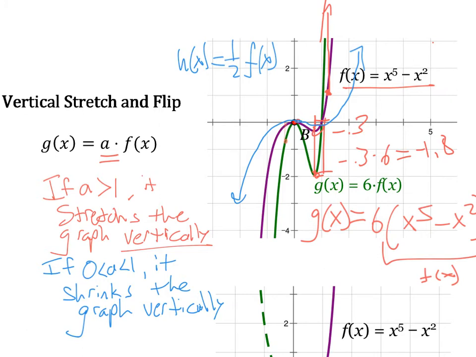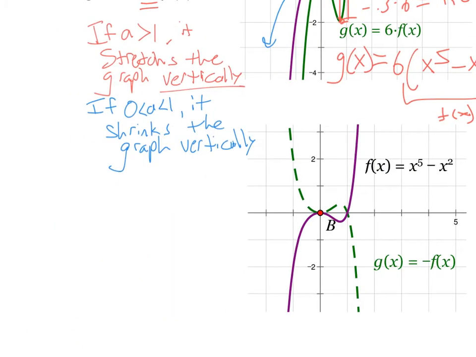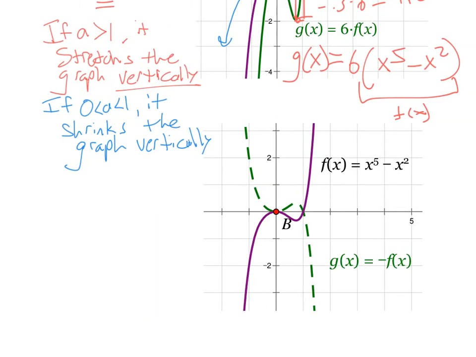It'll be less steep. So the last question we have to ask ourselves is, what if it's negative? What if that a value that we're multiplying by is negative? Well, if we put a negative out here, it's going to take that whole graph, x to the fifth minus x squared. Whatever point f of x was, it's going to make it negative. It's going to change it vertically, because remember, f of x is the height.